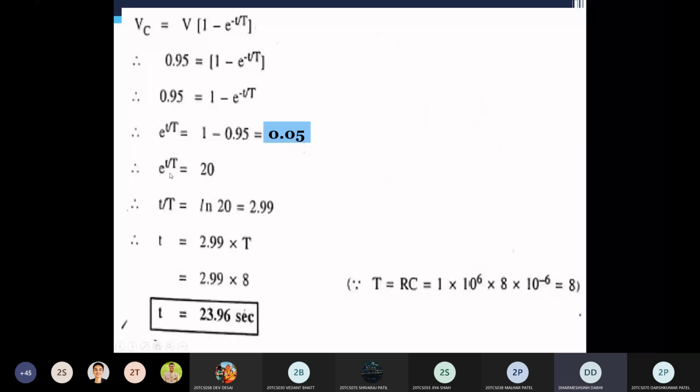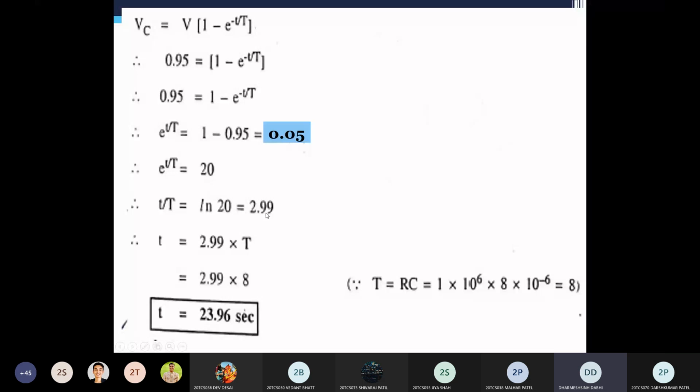So e raised to t upon T, what is that? That becomes 20, the inverse of 0.05. This one is e raised to minus t upon T, that is 0.05. So positive e raised to t upon T becomes 20, the inverse of 0.05. By taking the log, t by T becomes ln 20.